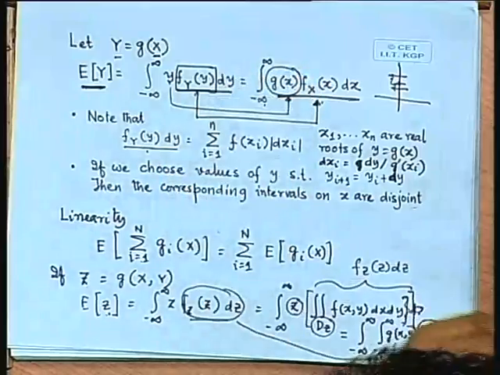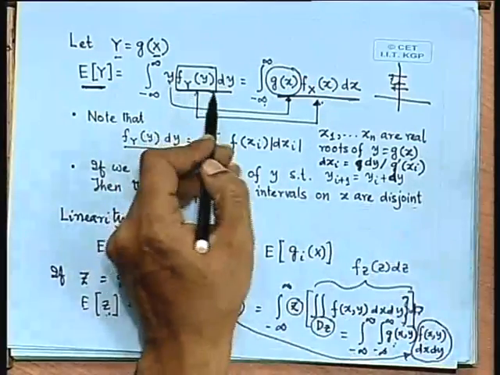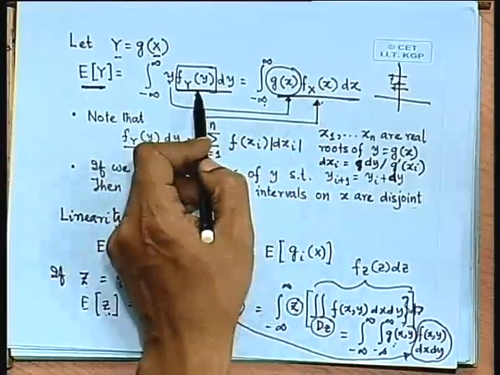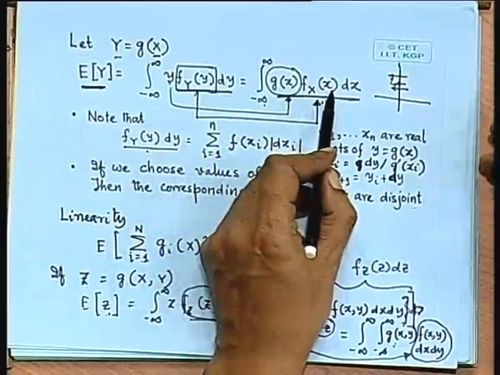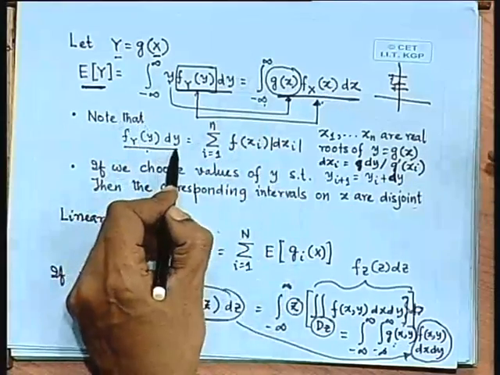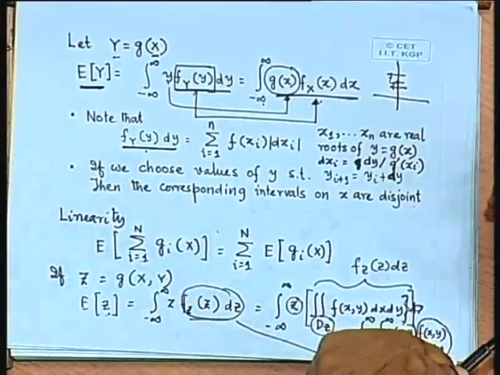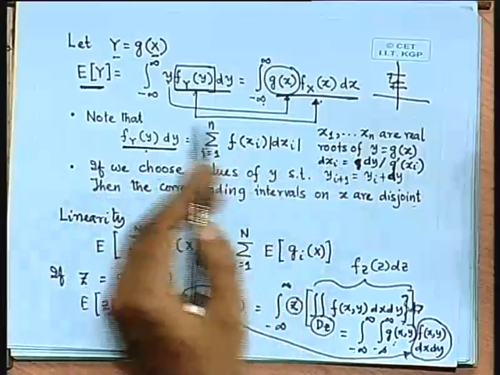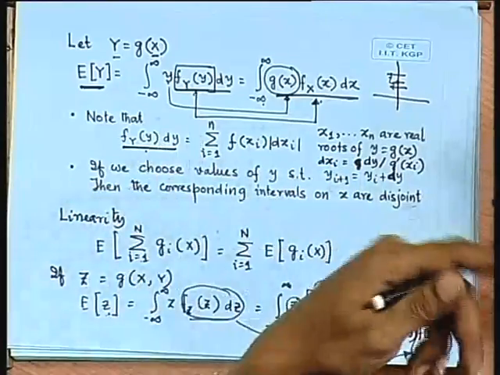Note that we have not exactly replaced this integral by this one, because if you want to do the integral of y f_Y(y) dy, then as we have seen before, you have to find the values of x that give the same value of y = g(x), and then take intervals around those x's.